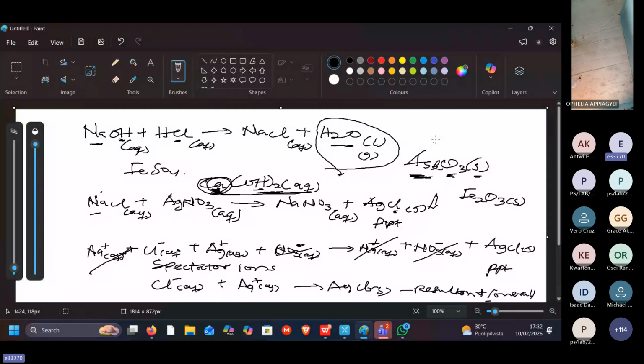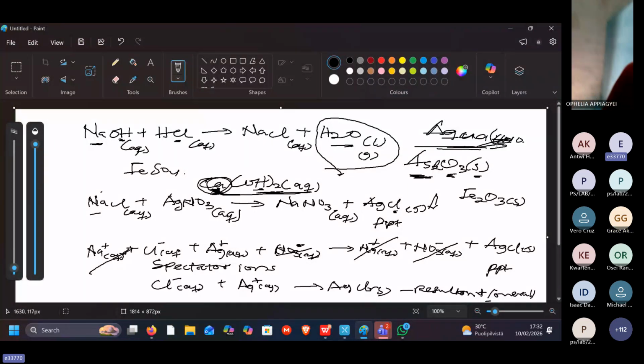Aqueous comes from aqua, and aqua can be a mixture of acids, so we have aqua regia. It can be acids and then water. So basically, it's not just water. For molecular compounds, they come in their own form. So that's why we are saying water is liquid and not aqueous.